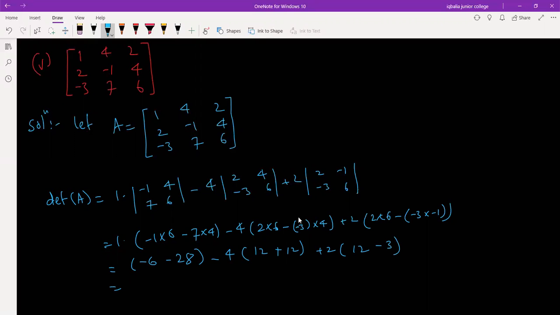Now this will be minus 34, this will be 12, 12, 24, 24 into 4, 96, plus 2 into 9.